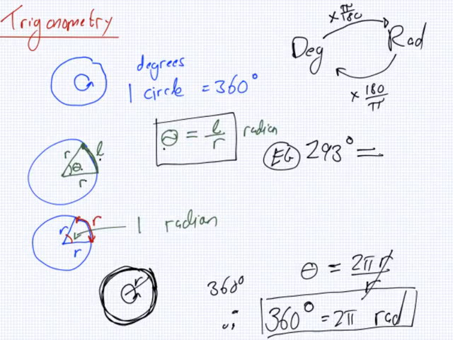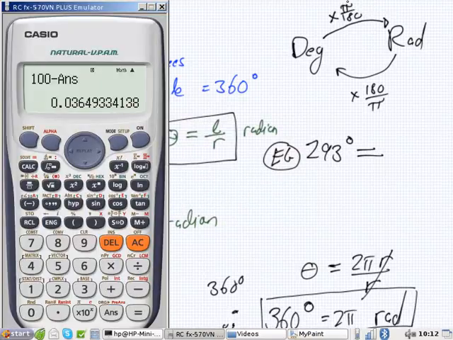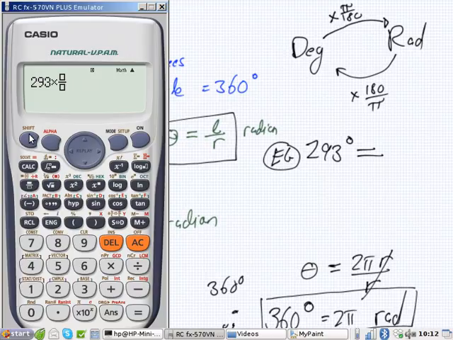Okay, let's have a look at this one. Yes, so it'll be 293 multiplied by which one? Pi or 180 on the top? Pi over 180, which you can leave like that, or as a decimal it'll be 5.11 radians.